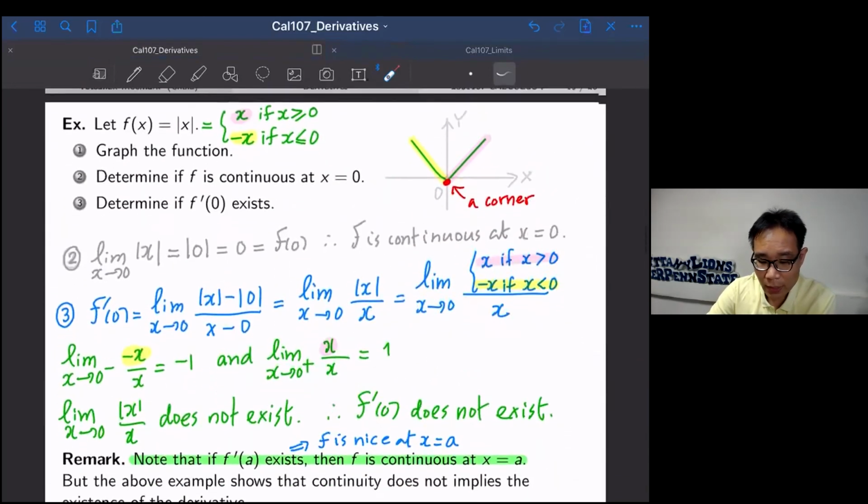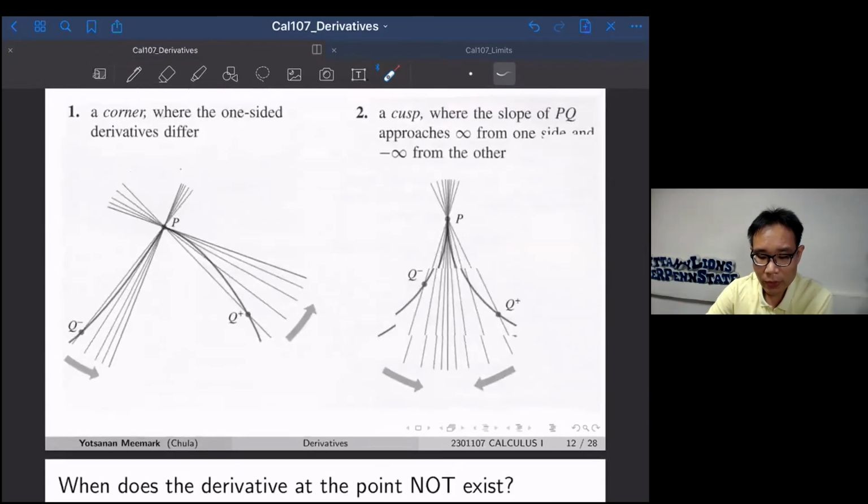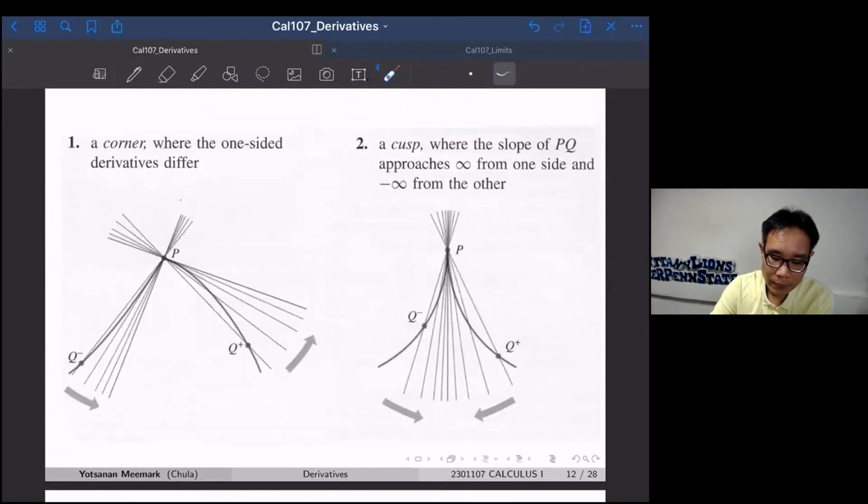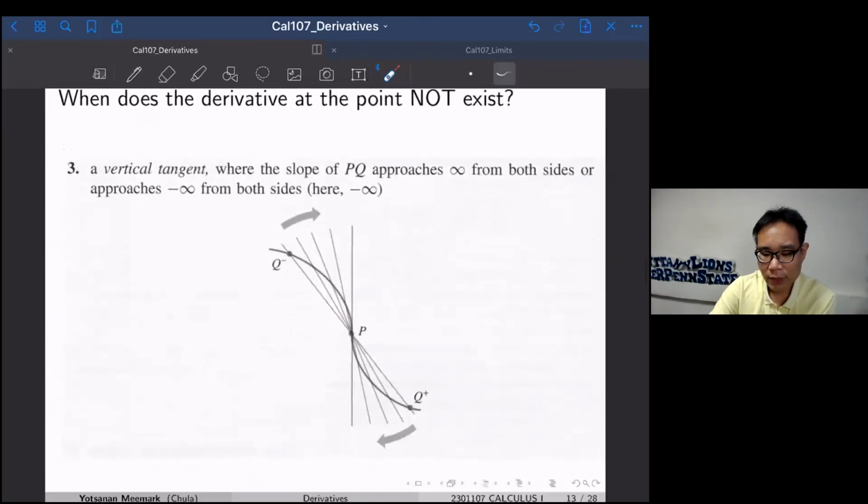And one thing that we see is that sometimes the function is continuous nicely, but the derivative does not exist because you get a corner or a cusp, or sometimes you get a vertical tangent line.